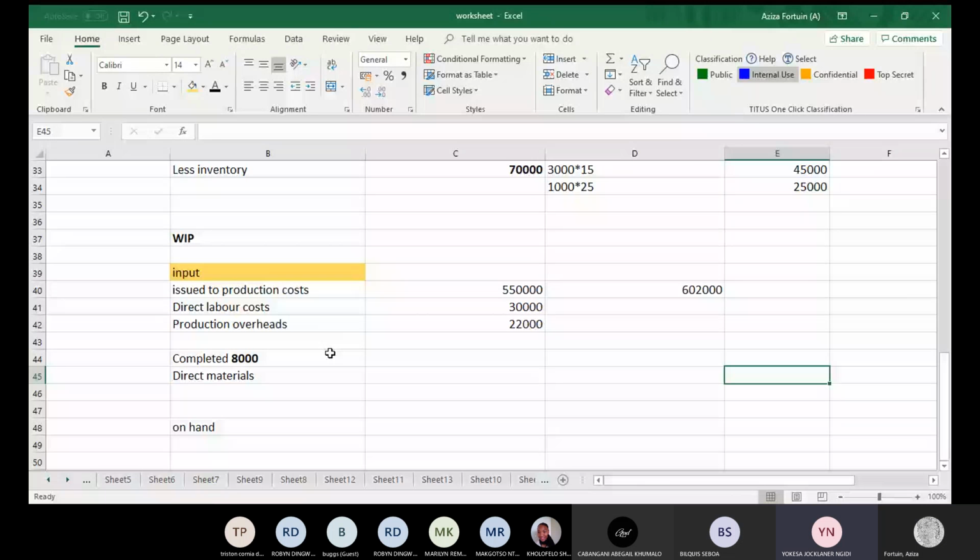Now I see how Robin got the 55 rand. So our issue to production was 550,000.